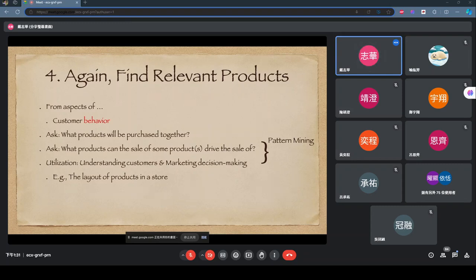Common parts. When we're doing pattern mining, we want to extract the common parts. What does common part mean? It means, for example, they have similar behavior.